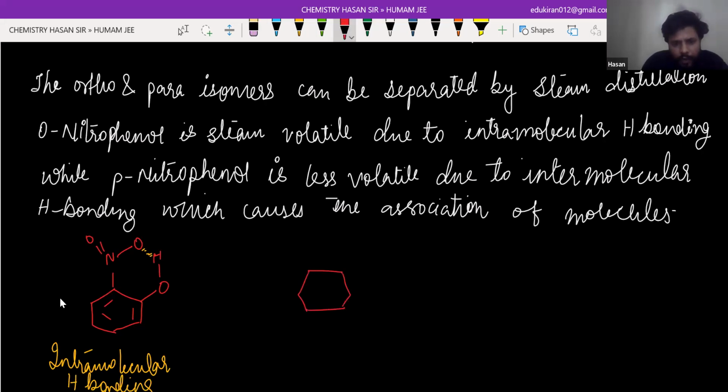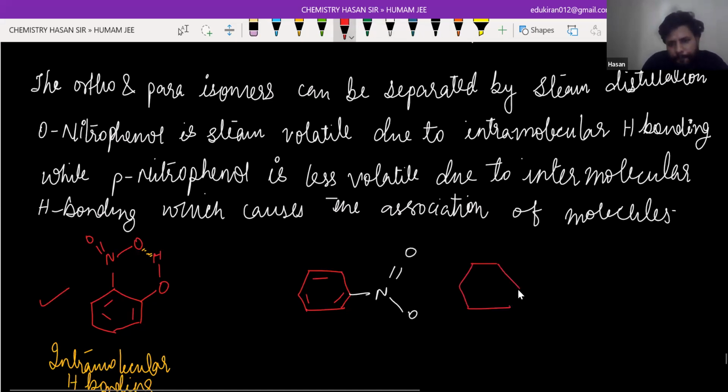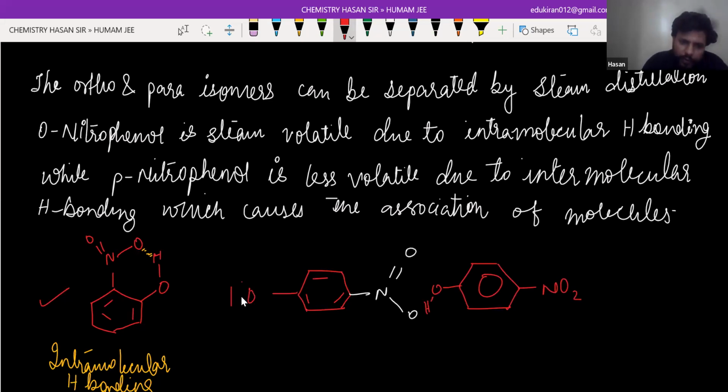So in the same molecule, if it is taking place, that means it is intra. And if it is taking place like this, with the double bond O, another molecule of this will be coming in contact. OH is there, this is your NO2, this is your OH.